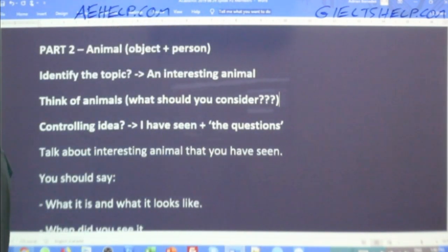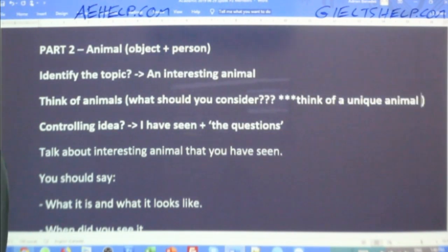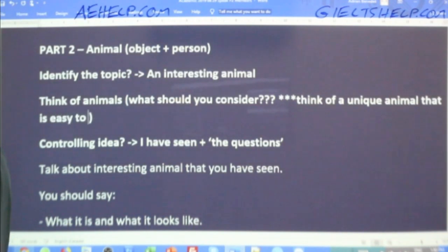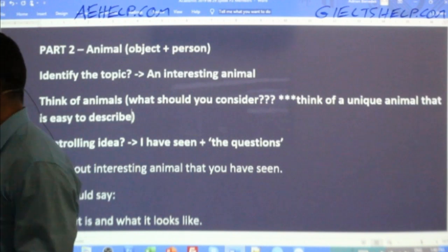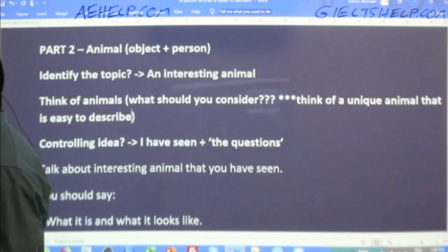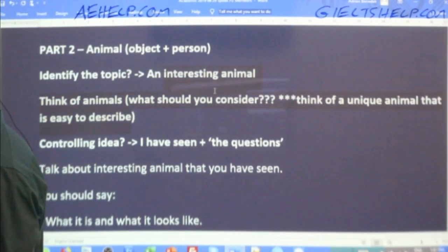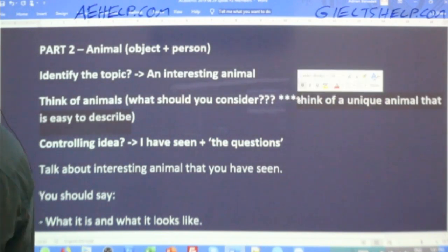So very, very important. Think of a unique animal that is easy to describe.